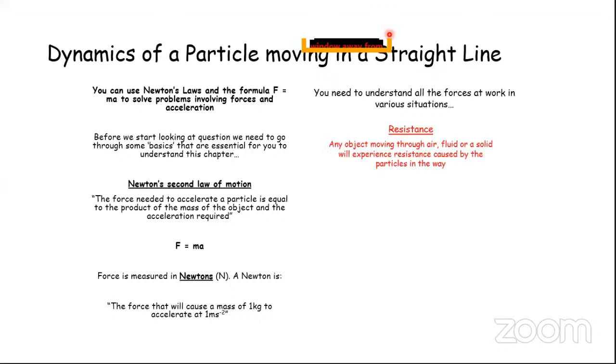An object moving through air, fluid, or a solid will experience resistance caused by particles in the way. So when you drop a particle into water, it moves slowly compared to how it would move in air. That means in water, it is experiencing some resistance. So even in a fluid or in a solid, it will experience resistance to its movement.